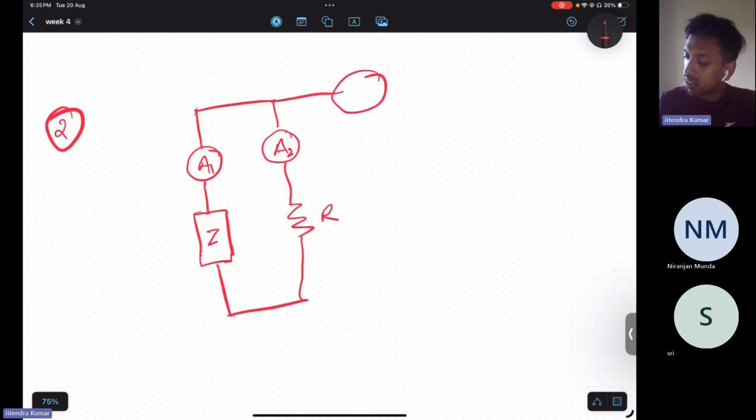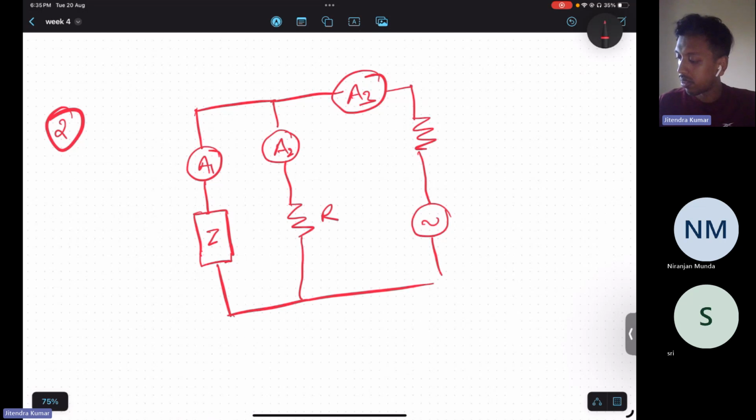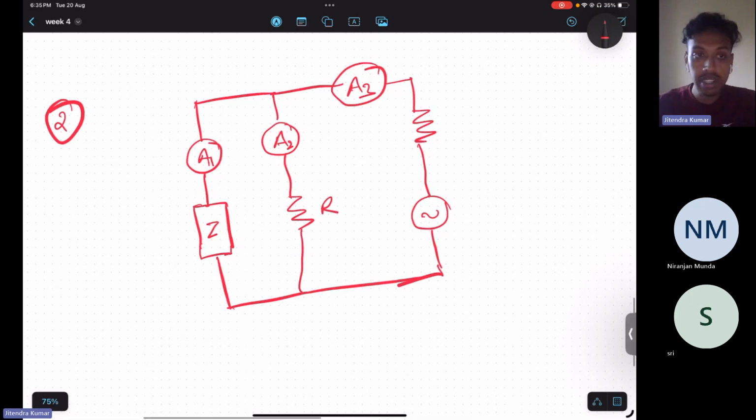The last branch has a third ammeter in connection with one resistance and one AC source. Ammeter 1 reads 5.75 ampere, ammeter 2 reads 3.25 ampere, and ammeter 3 reads 8.25 ampere.